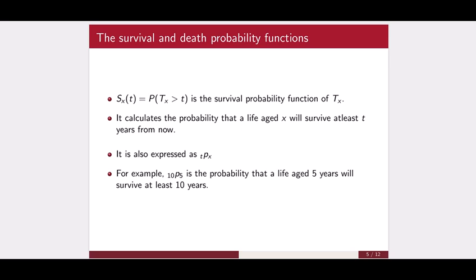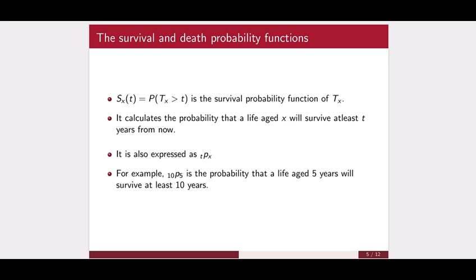It calculates the probability that the life aged x will survive at least t years from now. It is also expressed as tpx. That is why tpx is known as the survival function of the random variable Tx.